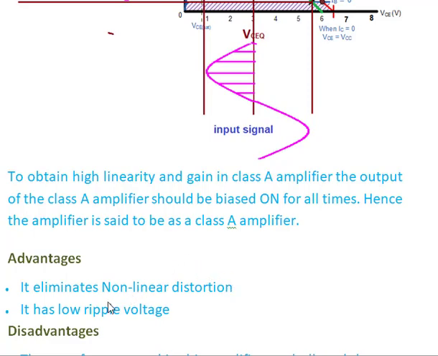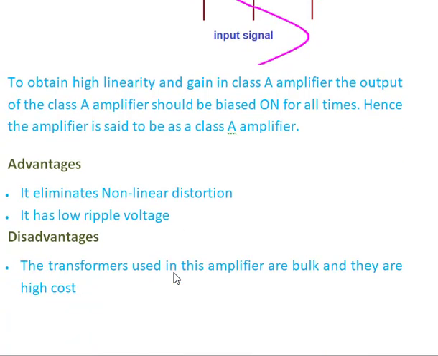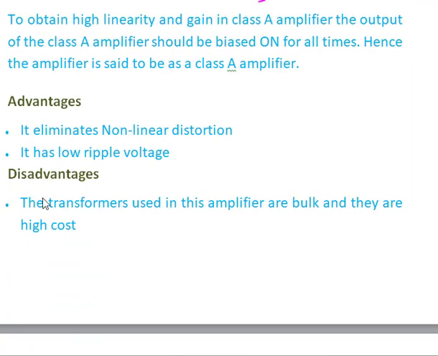The ripple is nothing but an unwanted AC voltage mixed in the output. It has some disadvantages also. The transformers used in this amplifier are very huge, and they are very costly.